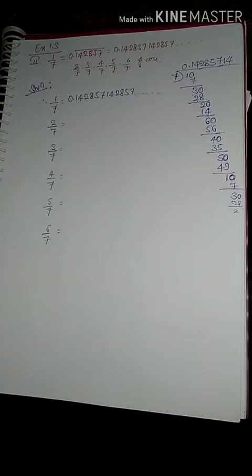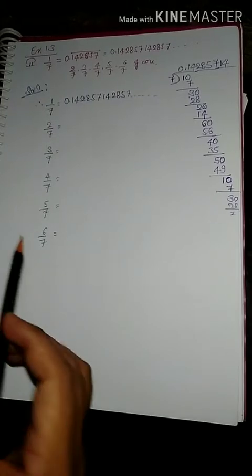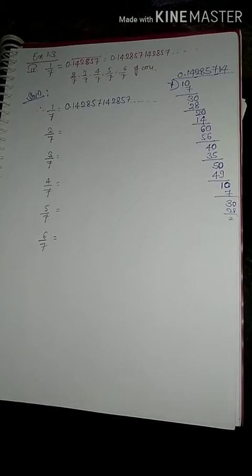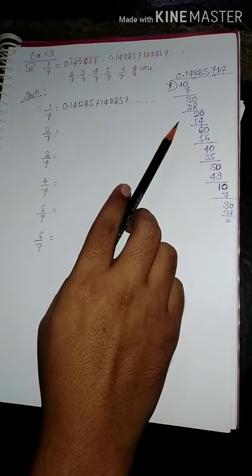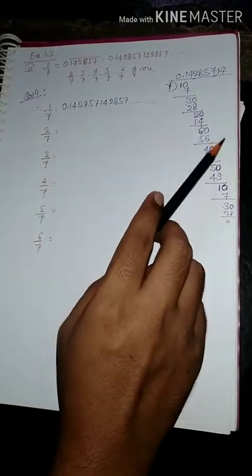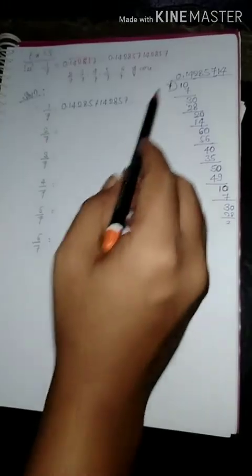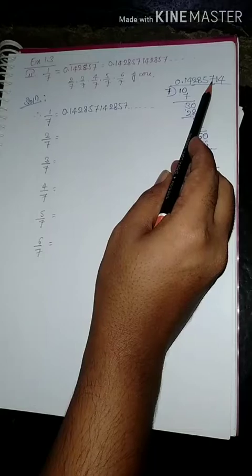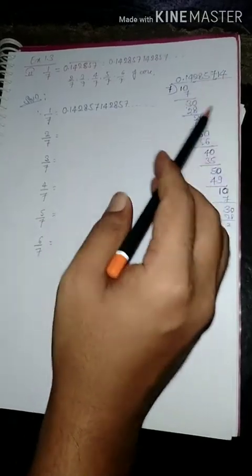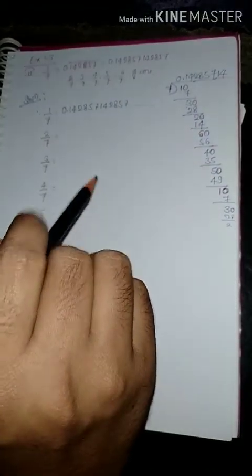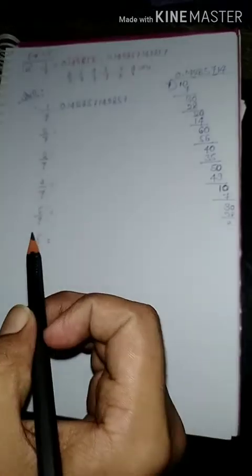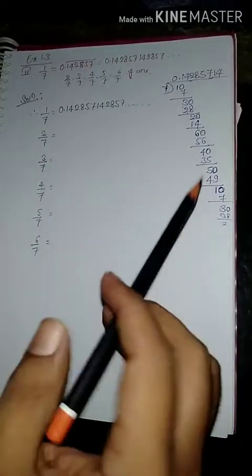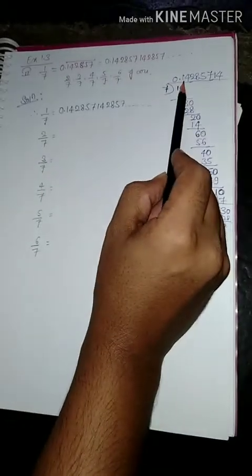So students, here we observe that remainders start repeating in the same order after 6 divisions consecutively: 1, 2, 3, 4, 5, 6. The decimal expansion goes on forever and the digits in the quotient repeat after 6 digits. That is, there is a repeating block of 6 digits in the quotient.